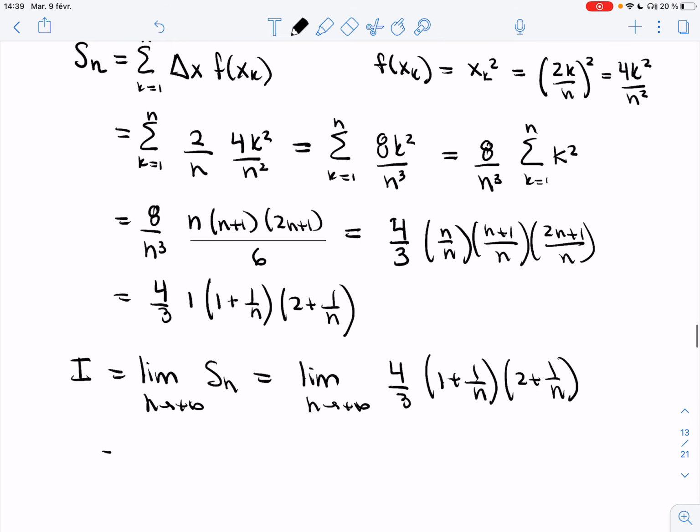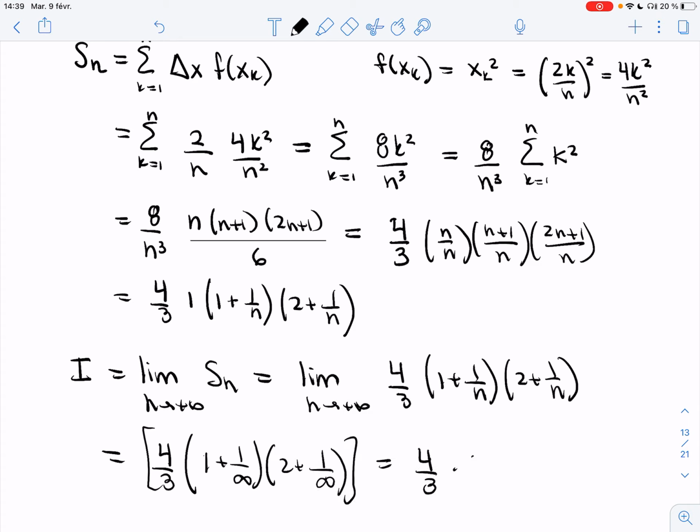If I plug in infinity, I'll get 1 plus 1 over infinity, 2 plus 1 over infinity. I'm going to get 4/3 times 1 plus 0 times 2 plus 0. I'm getting 8/3.